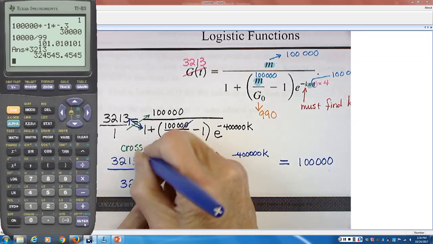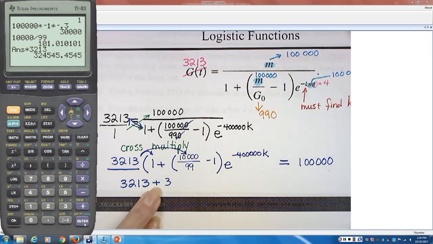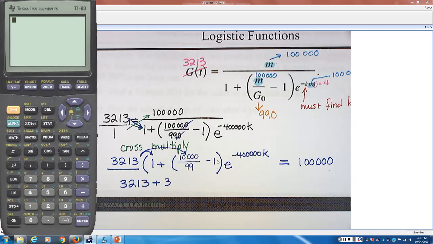It's this times this, but I think I messed up because I can't multiply that directly. So let me clear that off and start again. I need 10,000 over 990. I know what I did wrong. Minus 1. Isn't it over 99? It is over 99.